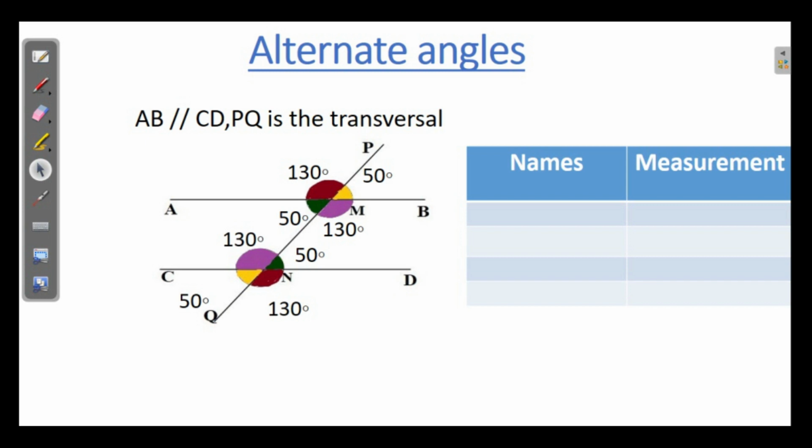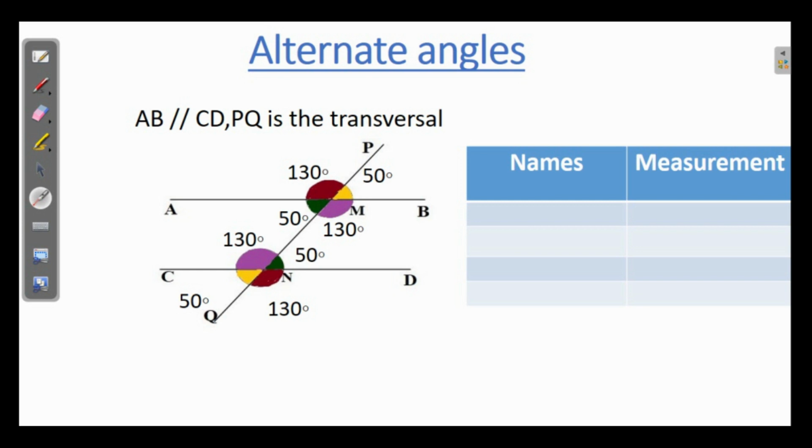Anyway, now let us pair the equal angles in a reverse order. That is, let us see all these interior angles. 4 angles are inside the line AB and CD. So they are called interior angles. So these interior angles which are equal, 50 degree, 50 degree.